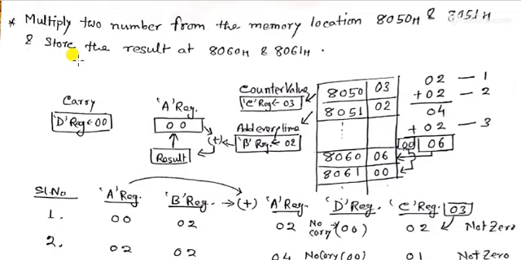Today we will learn the multiplication process, that is, how to multiply two numbers in 8085 programming. We all know that in 8085 there is no instruction which performs multiplication. The basic instruction set has 246 opcodes, and when we read through them, we can't count any instruction which performs multiplication.